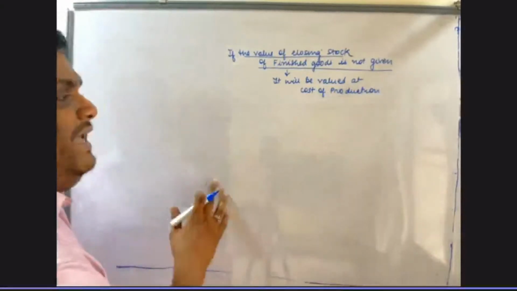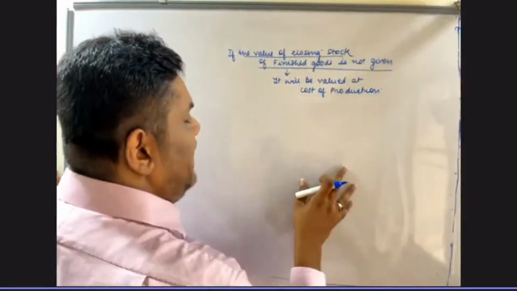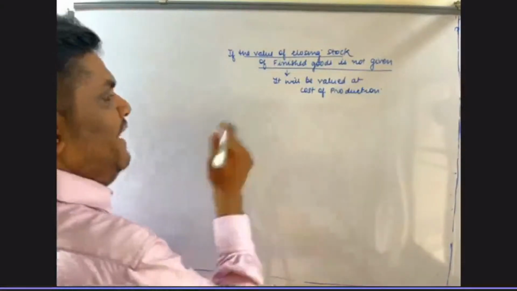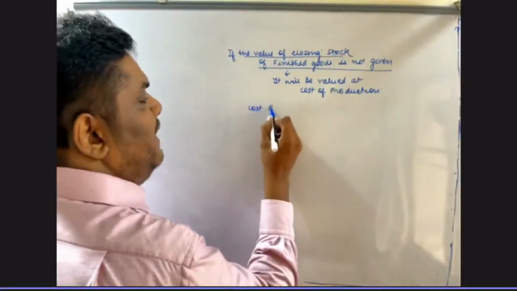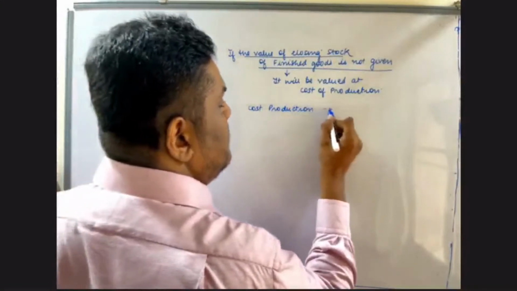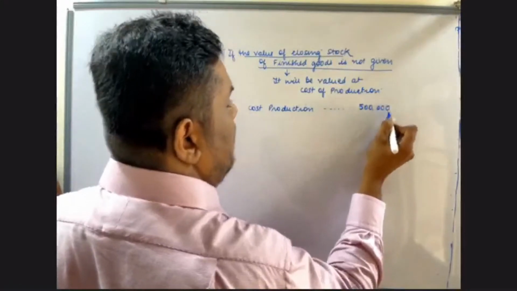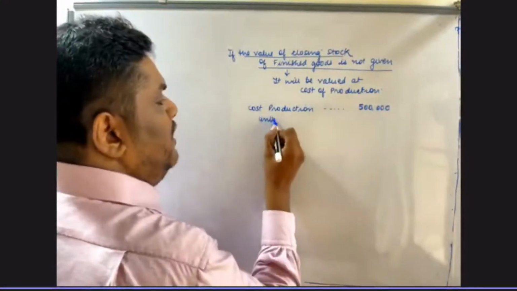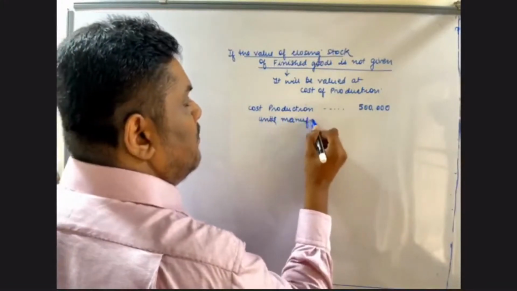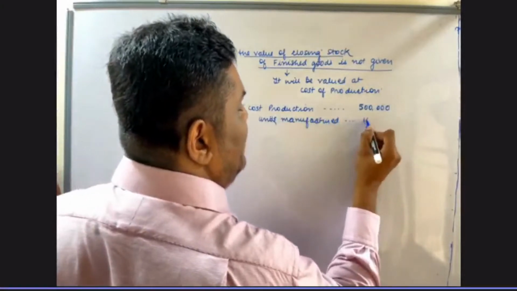Let's say after adding quality control cost, research and development cost, primary packing cost, and administration overhead related to production, we calculate the cost of production. Let's say my cost of production is 5 lakh rupees, and the total units manufactured are, let's say, 10,000 units.